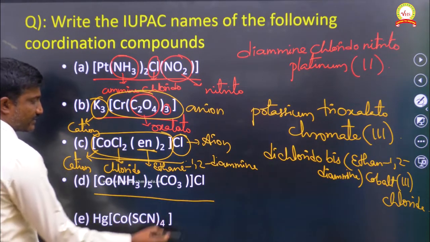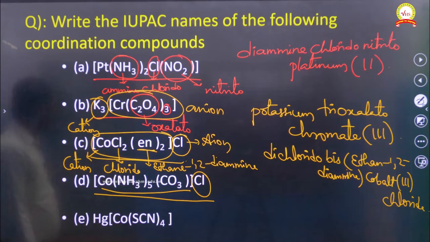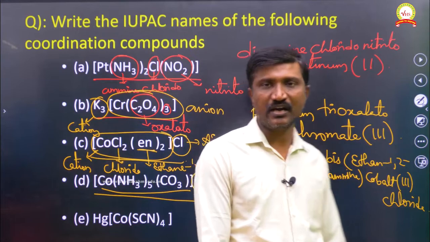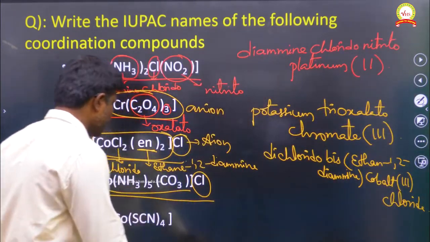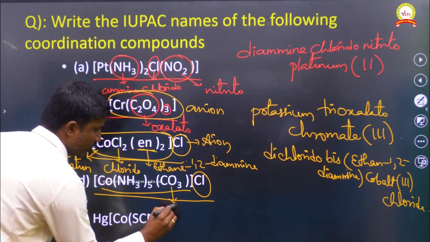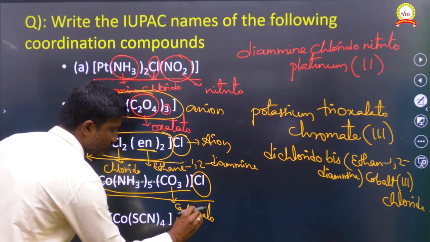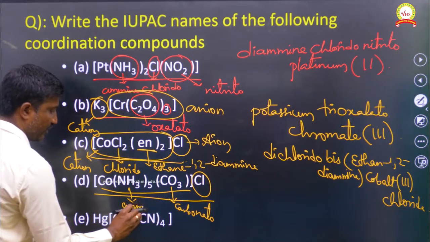In this case, this chlorine acts as a counter ion, and this entire one is the positive sphere. So first we write the coordination sphere name, after that the counter ion name. So what is the name here? This CO3 means carbonate, a negative ligand with charge 2, and ammine NH3, but five times there.